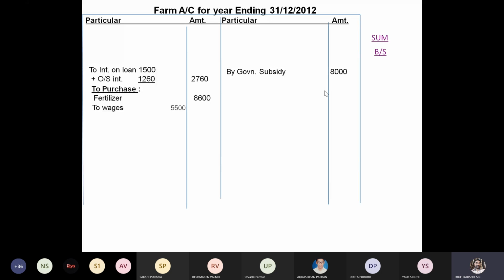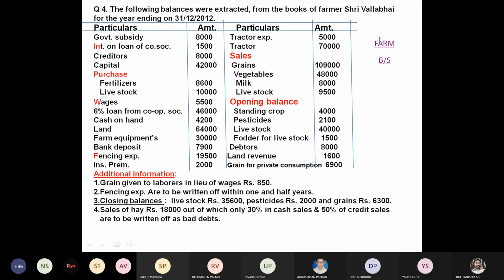Effect of the adjustment we will give later on. Go to the sum again. 6% loan, it is written. Cash on hand 4,200.